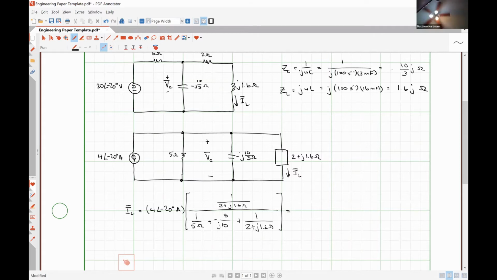Not 16, 1.6. That was almost bad. I get 3.074 with an angle of negative 45 degrees. 3.074, yes.